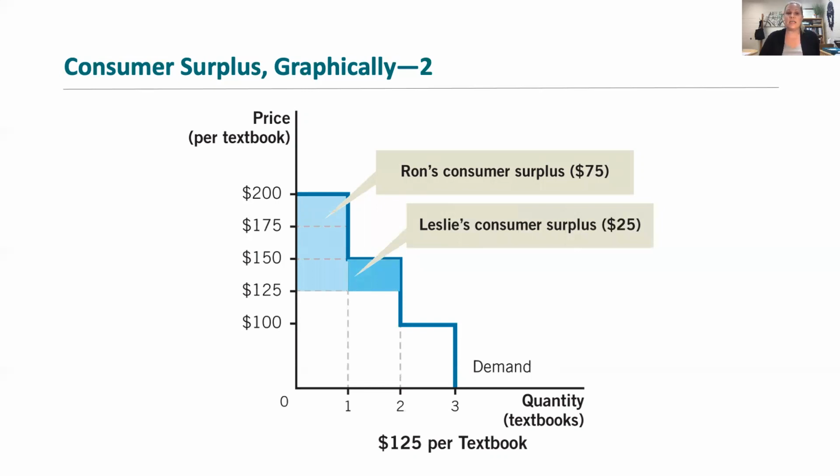Leslie's willingness to pay for a textbook was $150. So she'll buy the $125 textbook and result in having a textbook plus $25 in value of consumer surplus. Collectively, we could say that the consumer surplus in this market from these transactions is the sum of Ron's surplus and Leslie's surplus. That is a total consumer surplus of $100.